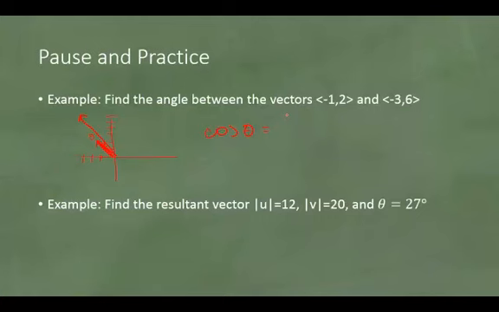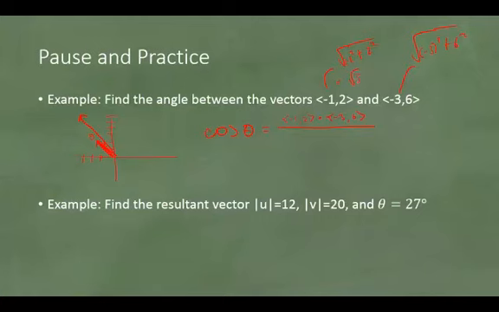So -1, 2 dotted with -3, 6, and then find the magnitudes. The magnitude of the first is the square root of -1 squared plus 2 squared. The magnitude of the other is the square root of -3 squared plus 6 squared. This is 1 plus 4, the square root of 5.